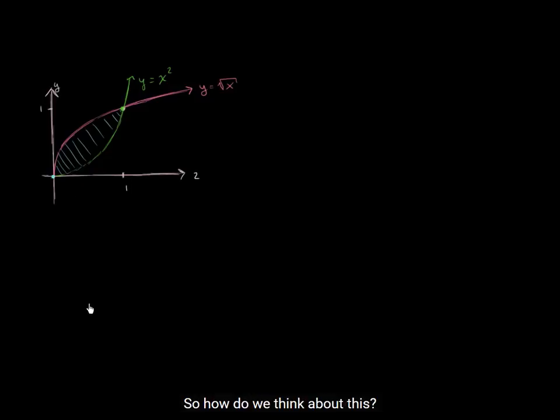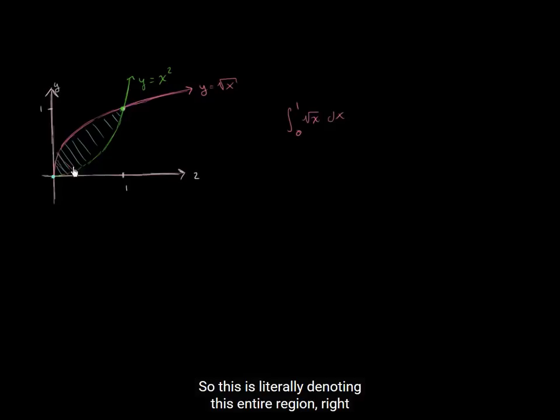So how do we think about this? Well, one way to do it is just to think about, what's the area between y is equal to square root of x and the x-axis? And we're going from 0 to 1. So this is the area under square root of x from 0 to 1, dx. This is denoting this entire region right over here, all the way up to this boundary point.